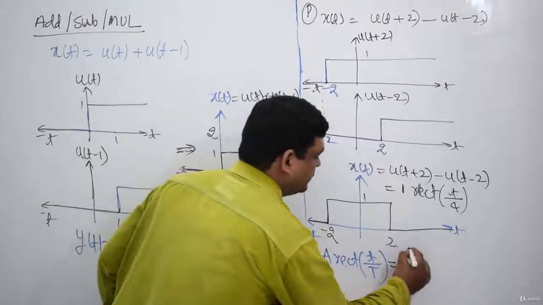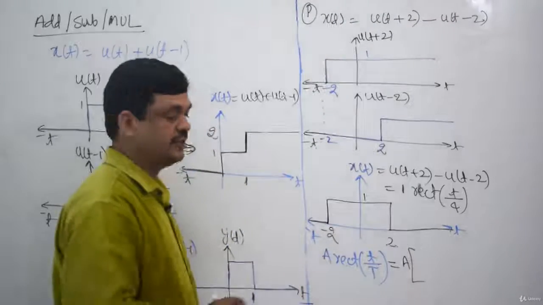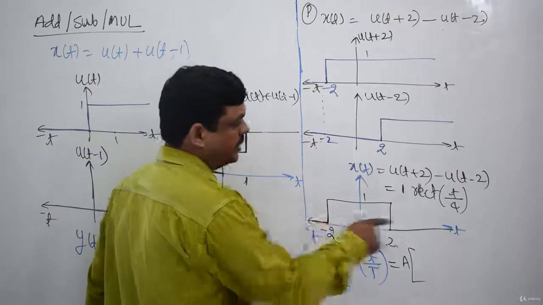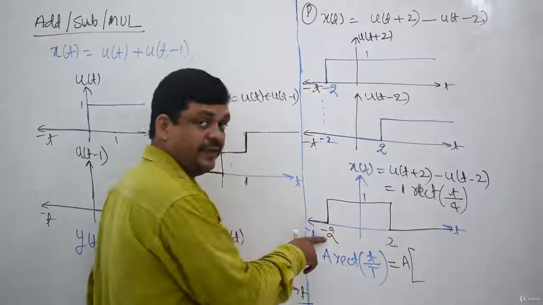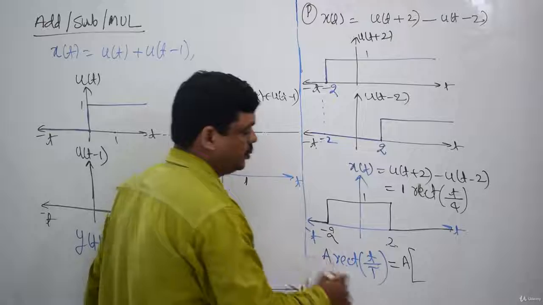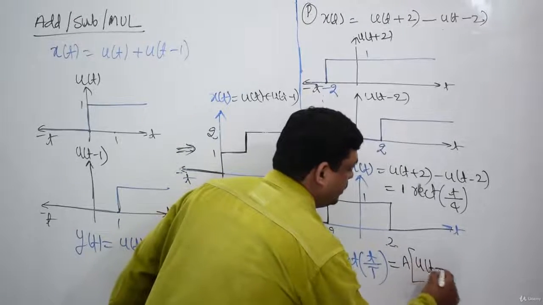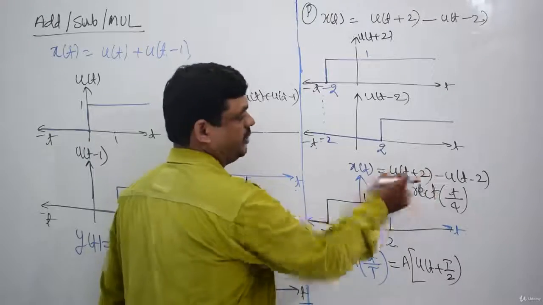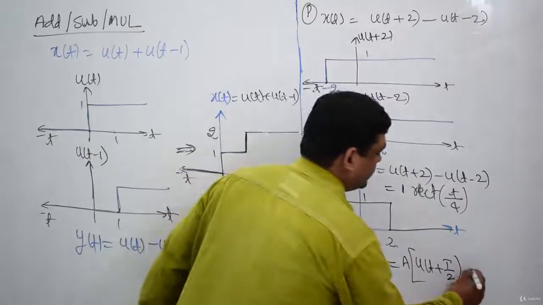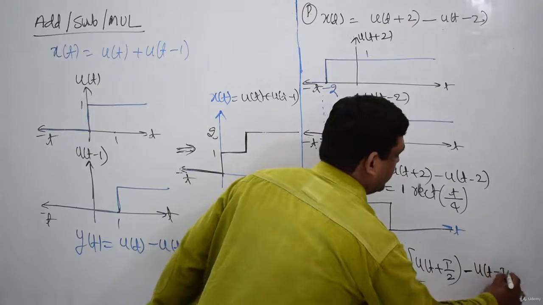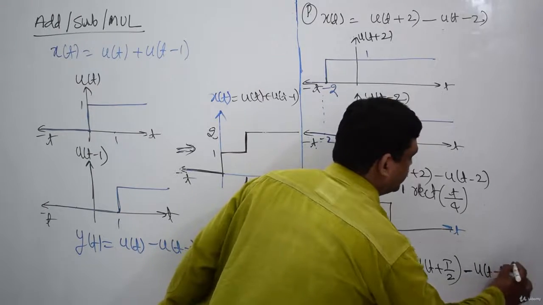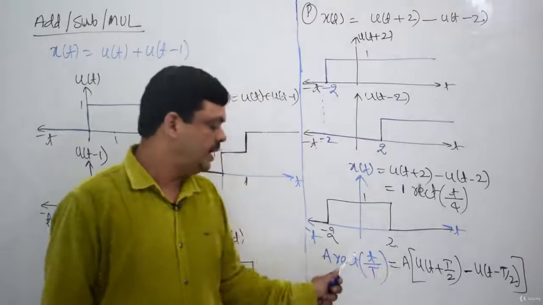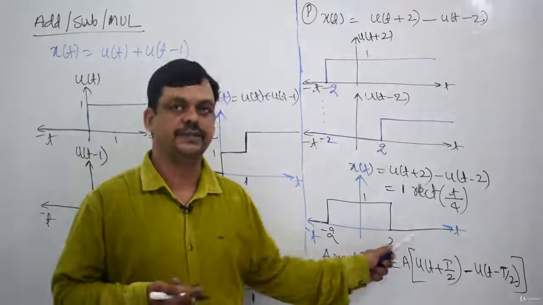From that, one direct expression for the rectangular function from the step functions is: the amplitude is as it is, A into the rectangular function, defined according to the time period by 2. So u of t plus T by 2 minus u of t minus T by 2. This is another standard equation, the rectangular function from the step signals.